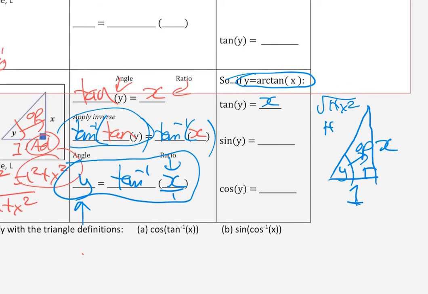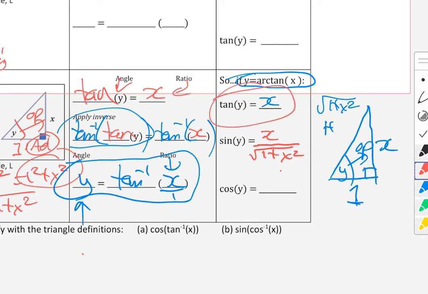So sine of y is going to be opposite x divided by square root of 1 plus x squared. So that's the sine of y if tan of y equals x.